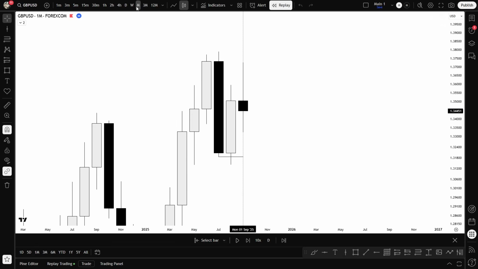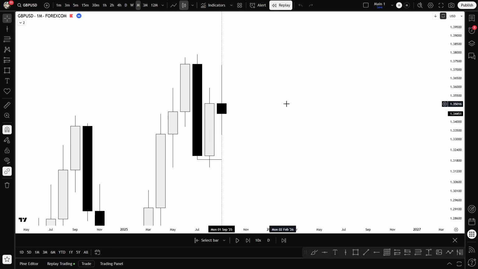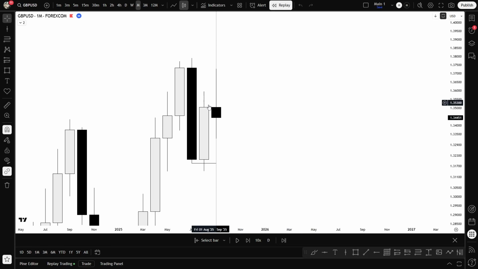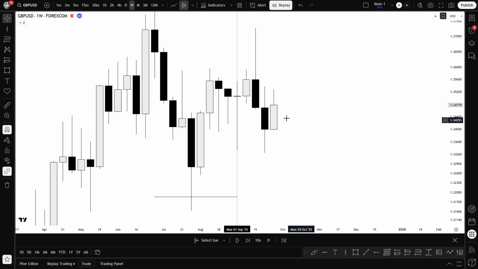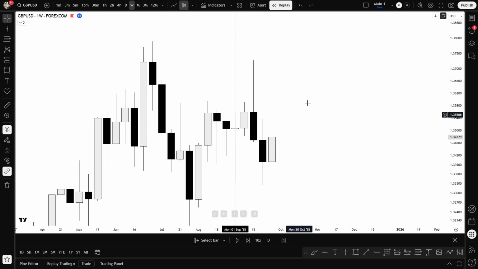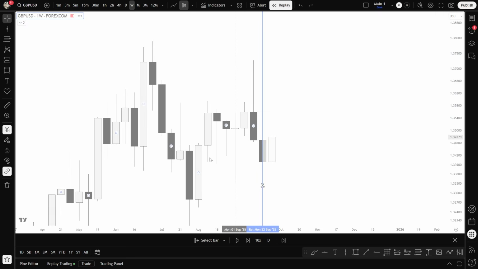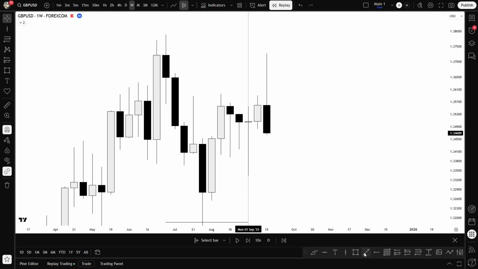Right? So if we go to weekly, as I told you before, for the market profiles, we need a weekly manipulation for the monthly expansion, right? So if you go to weekly, as you can see, we have a week one manipulation, right?